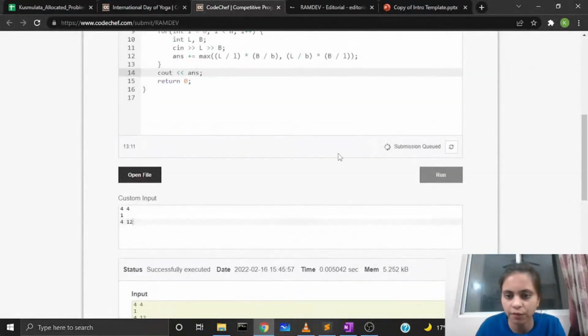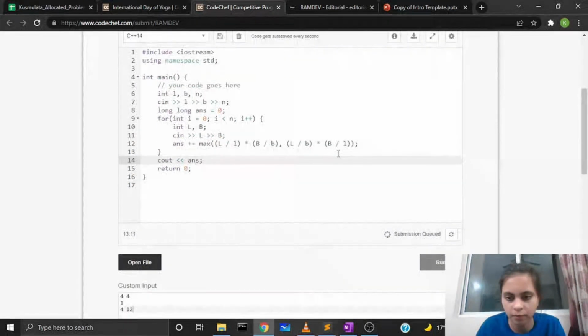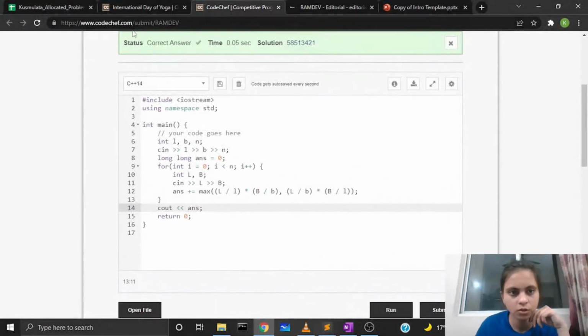So let's submit it and check whether we are passing all of the test cases or not. So we can see here that we are getting the correct answer as the verdict.